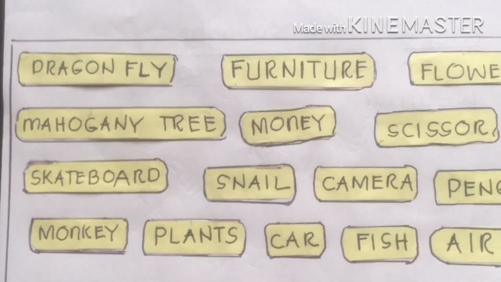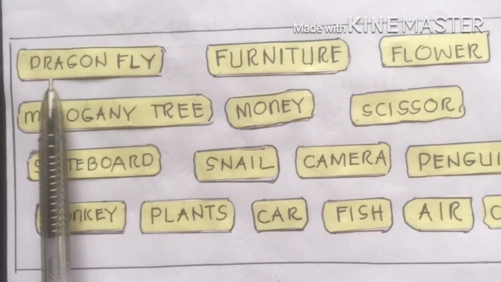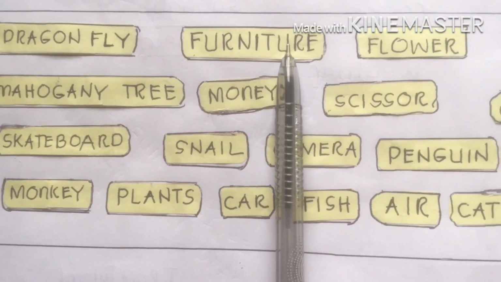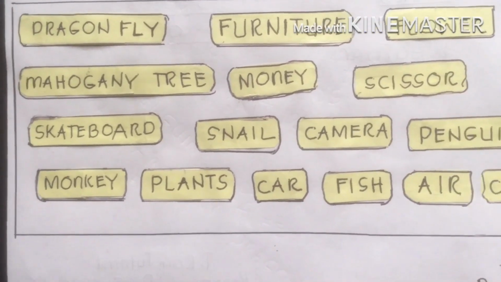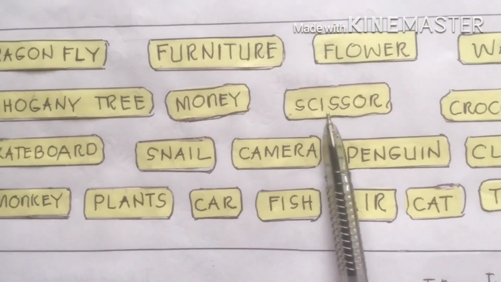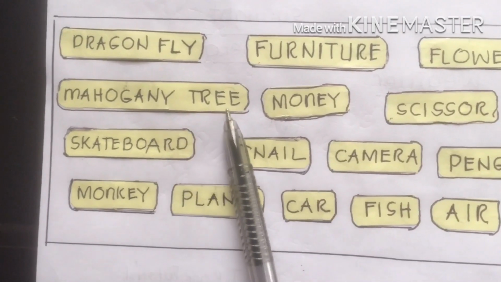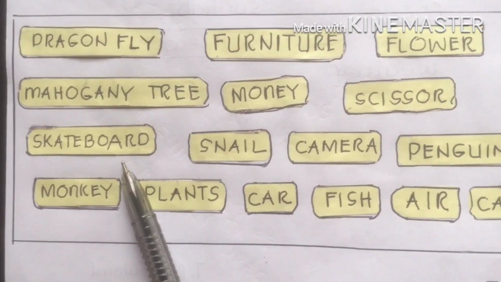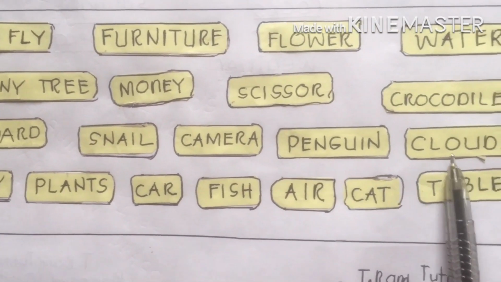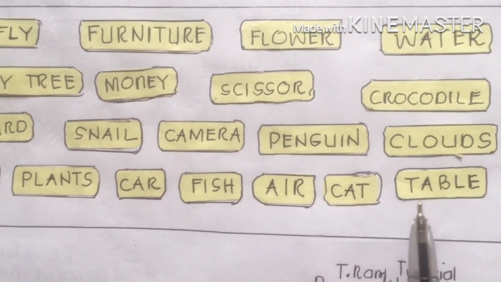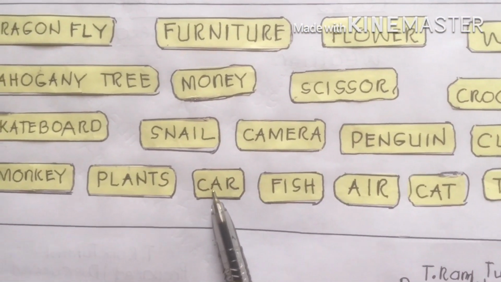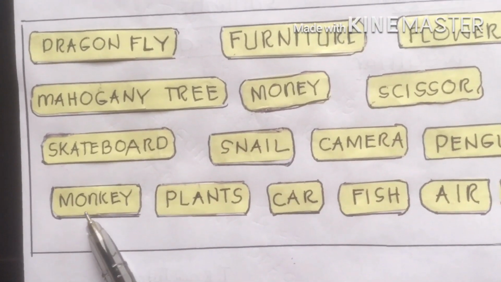We have dragonfly, flower, water, crocodile, scissor, money, mahogany tree, skateboard, snail, camera, penguin, clouds, table, cat, air, fish, car, plants, monkey.